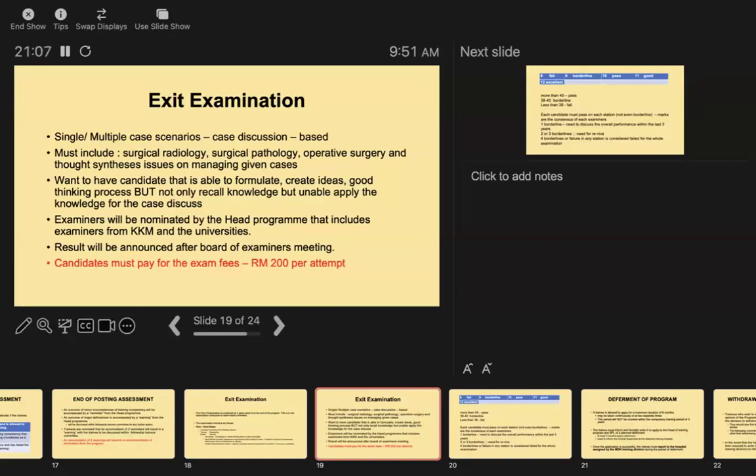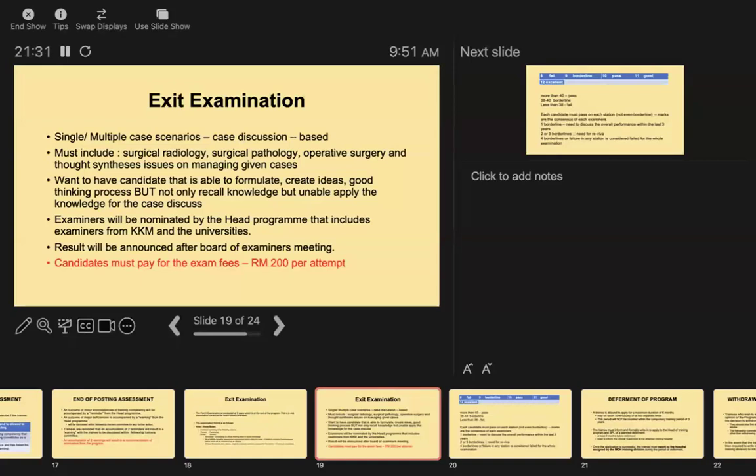What we want to have is a candidate that is able to formulate, create ideas, good thinking process, not only to recall knowledge, right? But also able to apply knowledge for critical cases that we discussed.